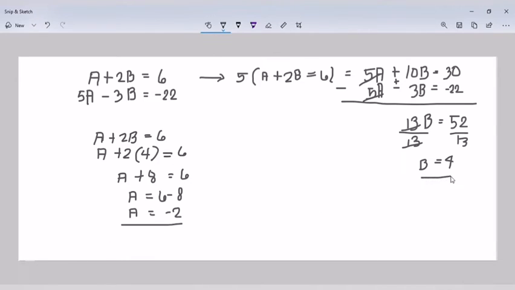And now, since we have values for a and b, we can write our partial fraction decomposition of 6x minus 22 all over 2x squared plus 7x minus 15.